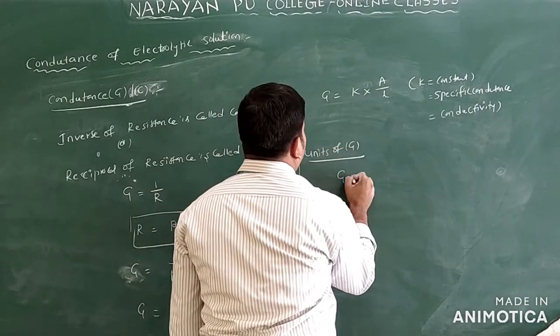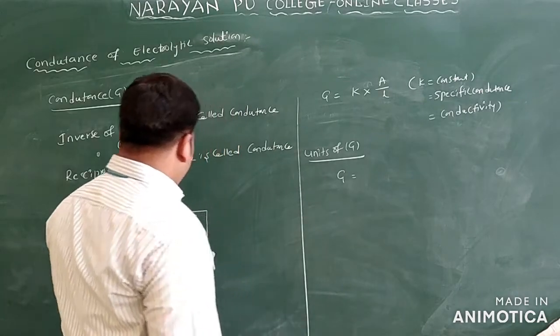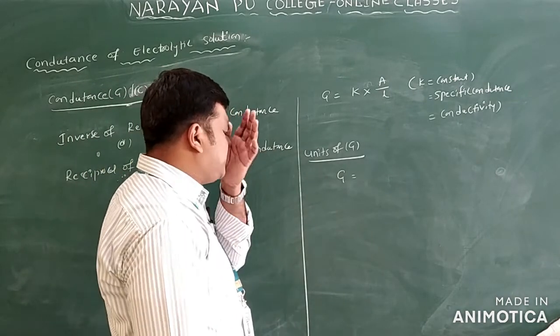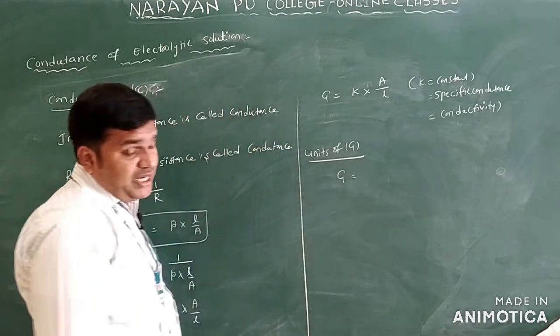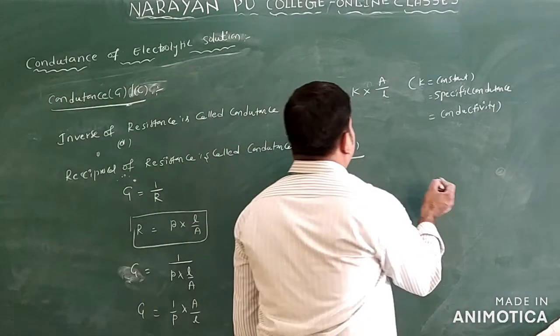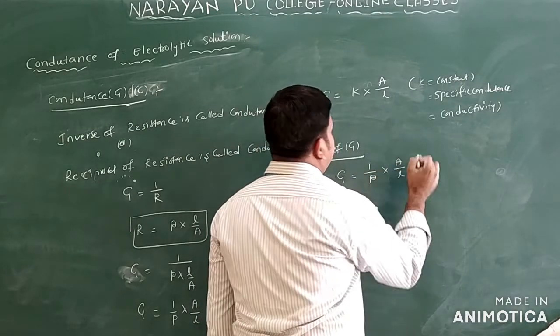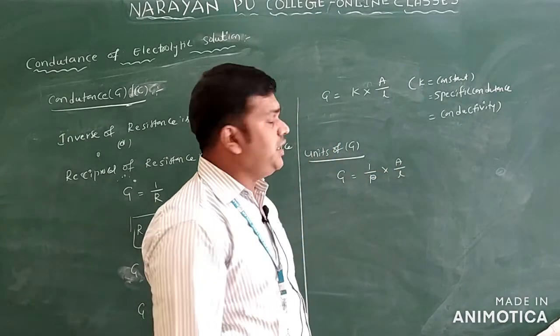Now I want to write the units of conductance G. G is equal to 1 by rho into A by L. What are the units of specific resistivity? You already derived this.